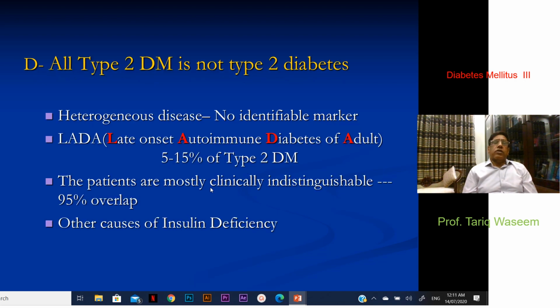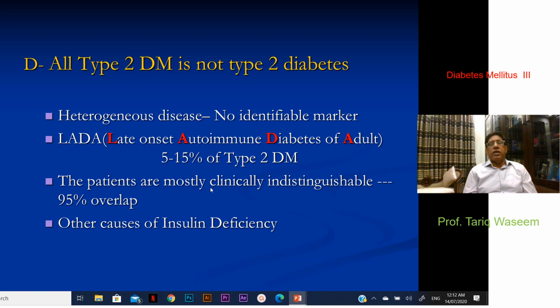Then we also have to understand that all type 2 diabetes is not strictly speaking type 2 diabetes mellitus. It's a heterogeneous disease, and there are reports of late onset diabetes not always being insulin resistance or a destruction state, but it can be autoimmune, late onset autoimmune diabetes of the adults.